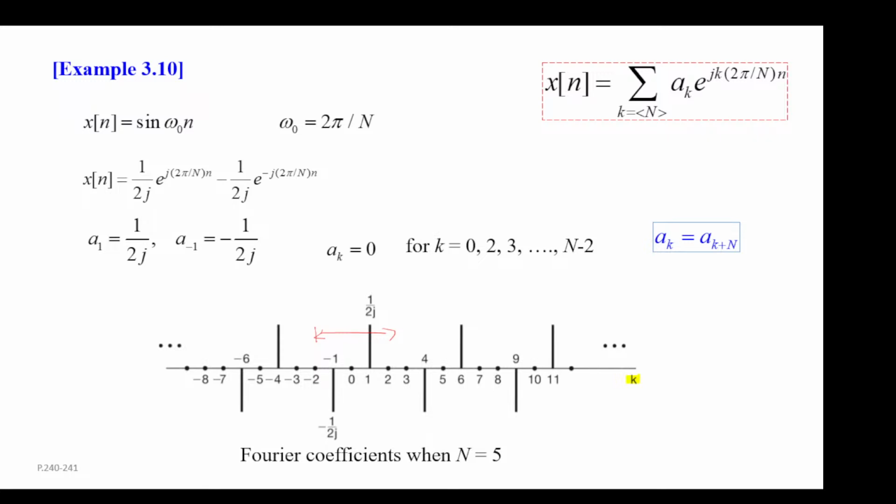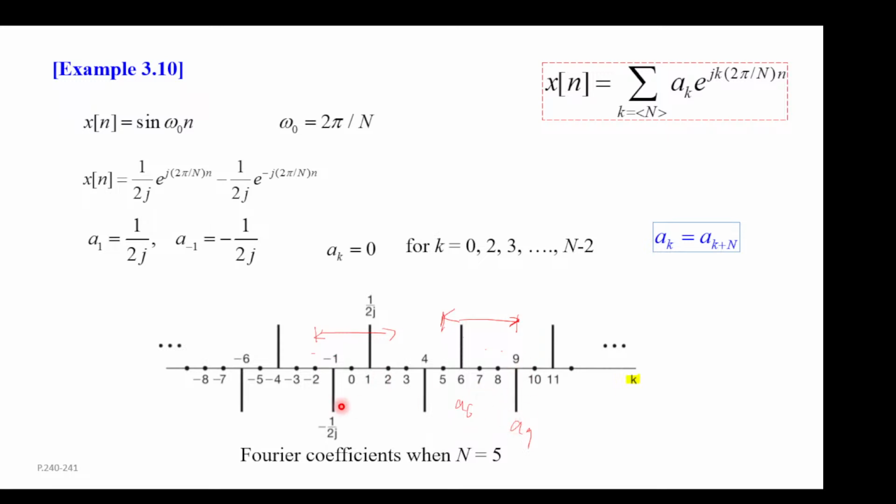So maybe we pick from 5 to 9, right? Then we'll have this a6 and a9, right? And so this summation will give back the same x of n because we know a6 equal to a1, and also for k equal to 6, e to the j6 omega n equals e to the j omega n because of the complex exponential periodicity.